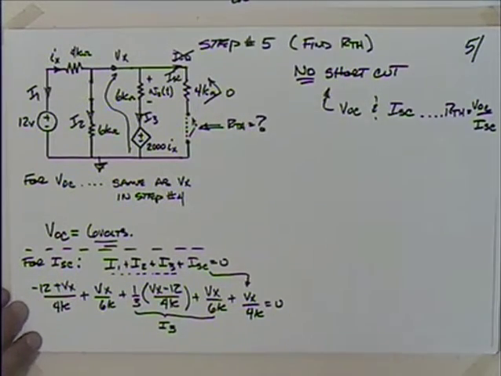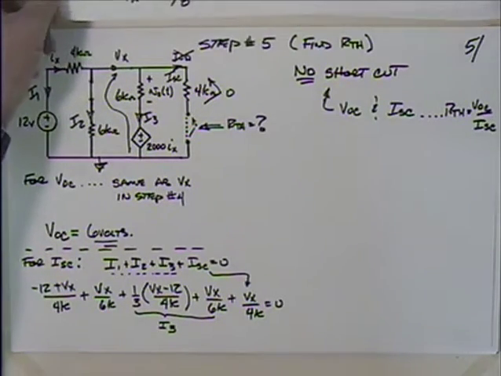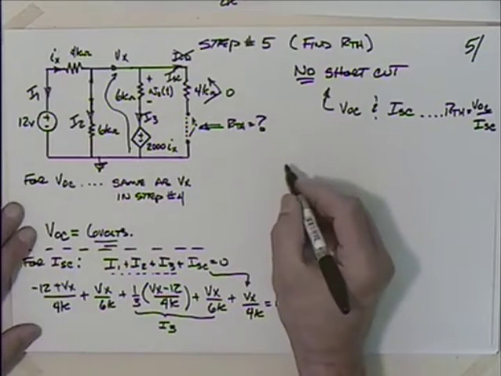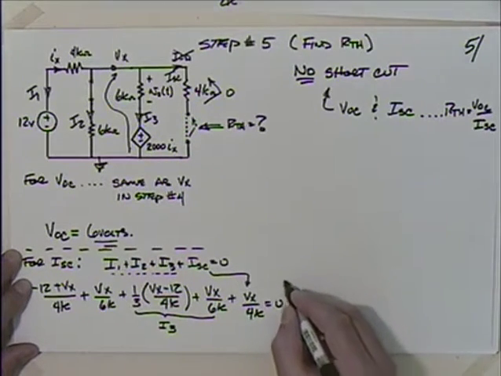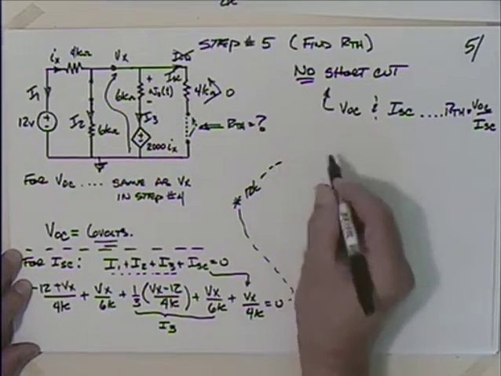equal to 0. So I can take that thing, I can multiply it by what? 12k. When I multiply it by 12k, I'll kind of cheat here. So multiply by 12k.